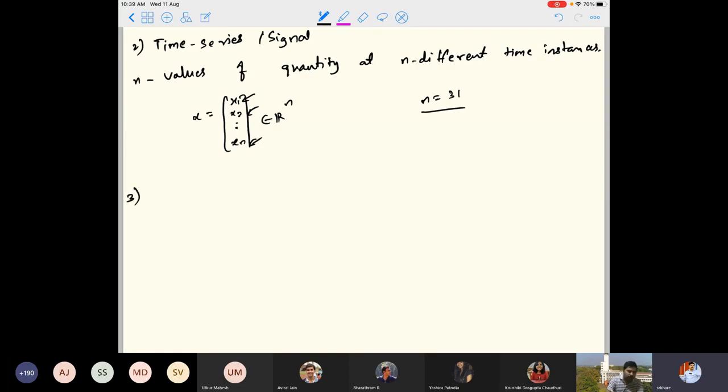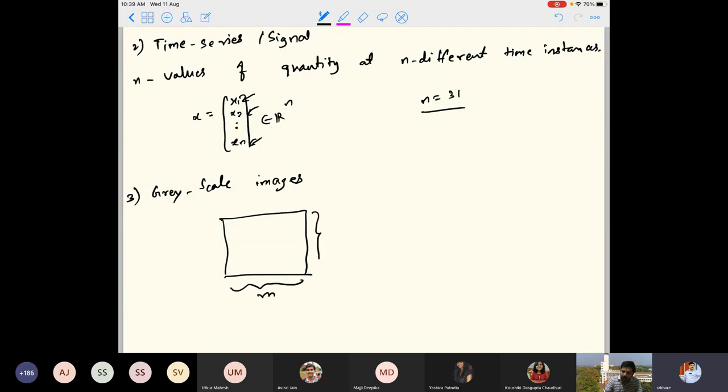Another interesting thing is images. Grayscale images, the black and white images that you see. Any grayscale image, you can divide it into pixels, right? So suppose m pixels here and n pixels here. Then basically a grayscale image is a matrix of the size m cross n.